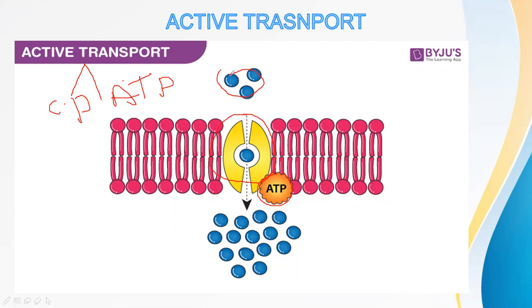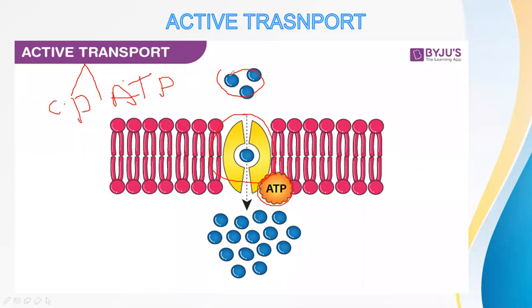Another reason is if these carrier proteins cannot use ATP. In both cases, the cell will die because it cannot transport these ions, minerals, atoms and molecules.